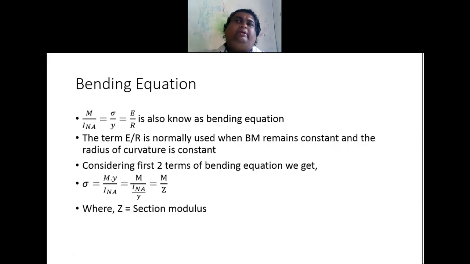We have seen so many BMD and SFD in our previous unit, where the bending moment is varying, right? So in such cases, I cannot use this particular term E by R. And also the radius of curvature should be constant. Otherwise, we cannot use this particular term.